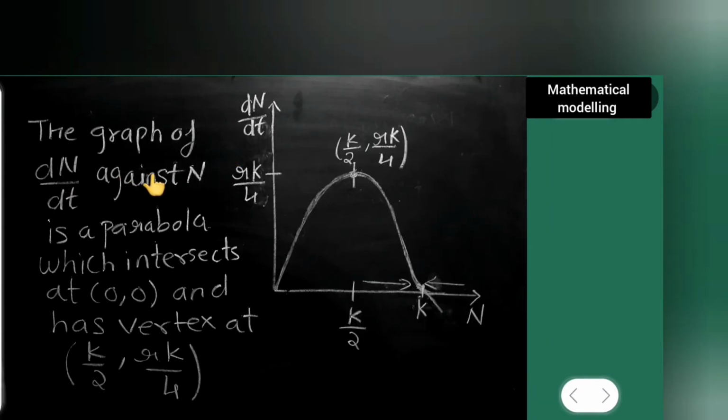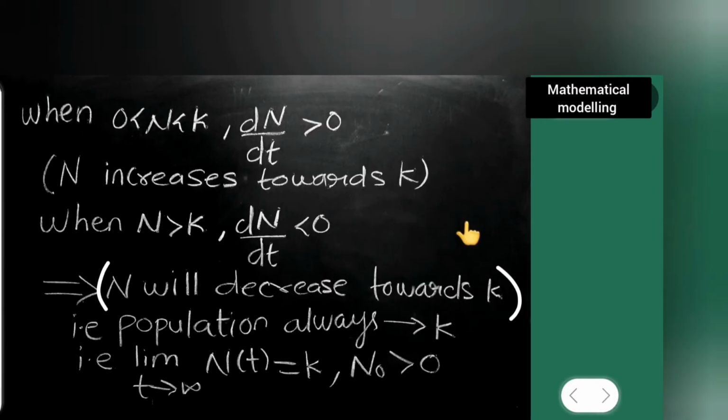Now this is the graph of dn upon dt against n. It is a parabola which intersects at 0 comma 0 and has its vertex at k upon 2 comma R1 k upon 4. Let me turn the page.